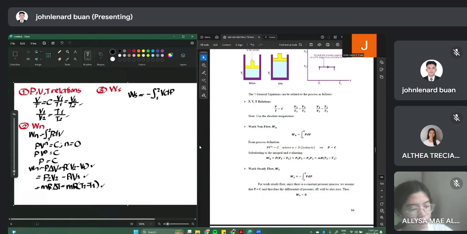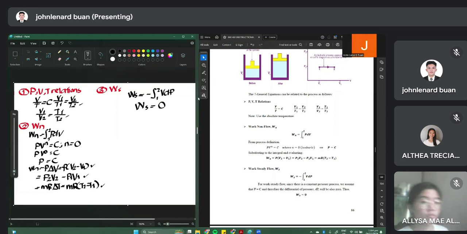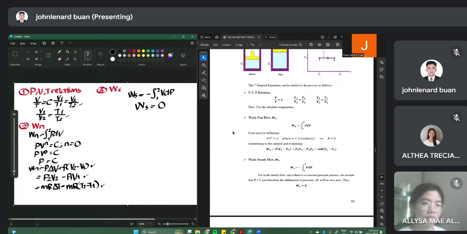Since this is a constant pressure process, we assume that P is equal to C. Therefore, the differential of pressure or dP will also be equal to 0. In that case, it will just simply give us a 0 value. Therefore, when asked in a problem what is the work steady flow under isobaric process, we'll just simply answer 0.